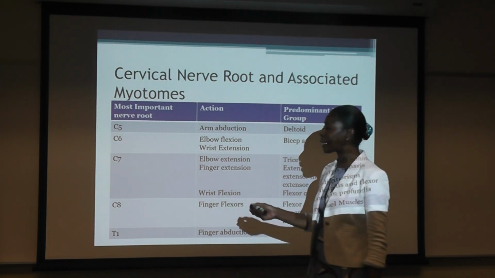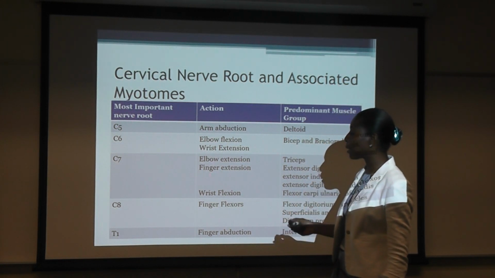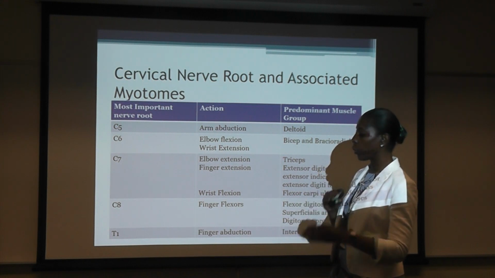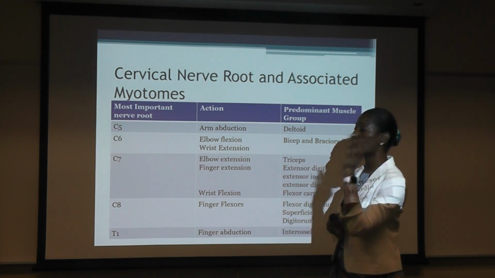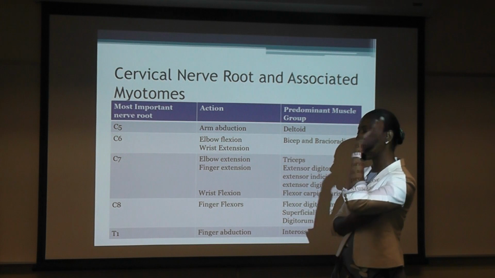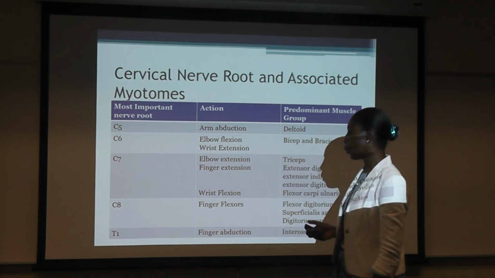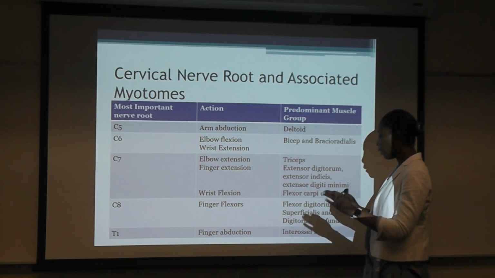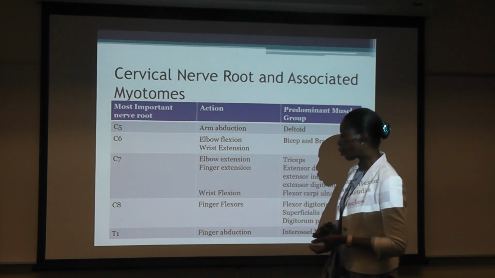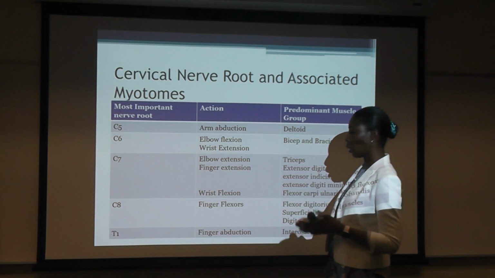Usually when you implicate C7, usually C7 and C8, usually the disc is between that C7 and C8, so sometimes it could be a C8 and they're having a little bit of pain in the tricep too. So you want to look at that. C8, finger flexion, okay? So you're gonna have finger extensor, okay?